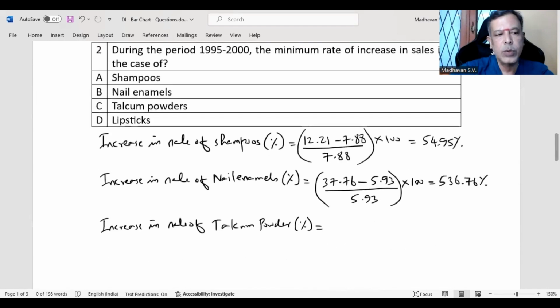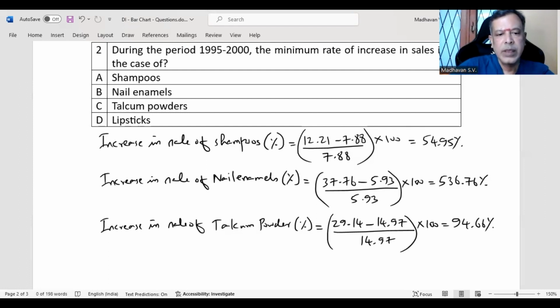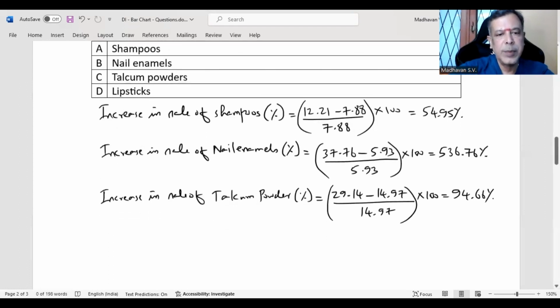So we need to compare those two. Means 29.14 minus 14.97 divided by 14.97 multiplied by 100. If we calculate this, we get 94.66 percentage.